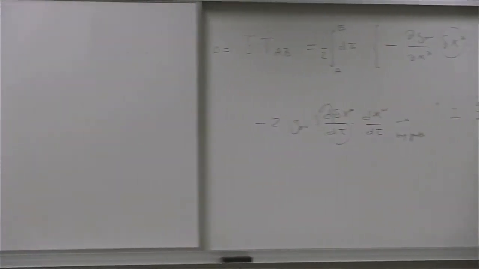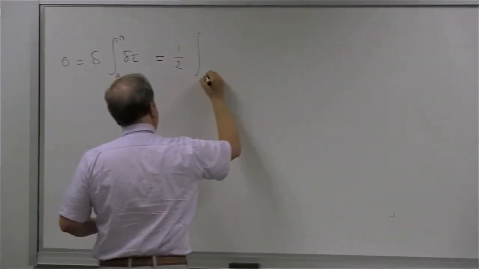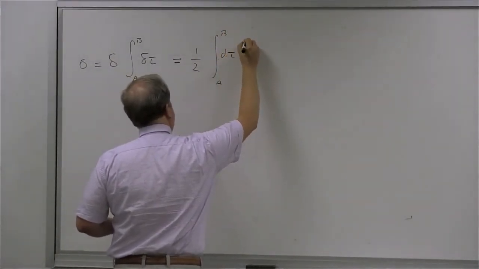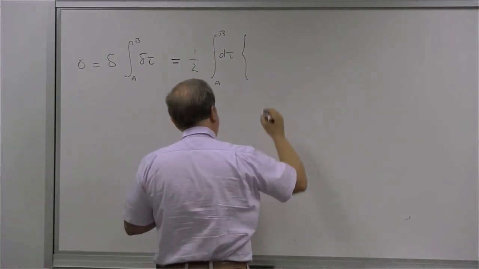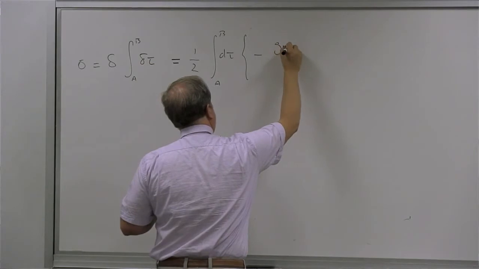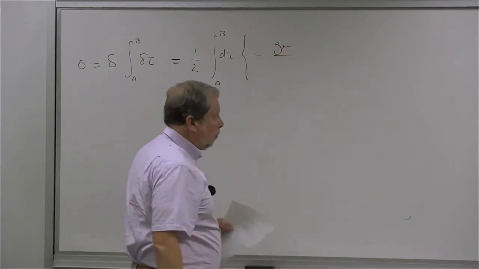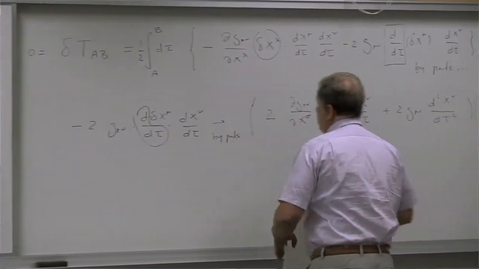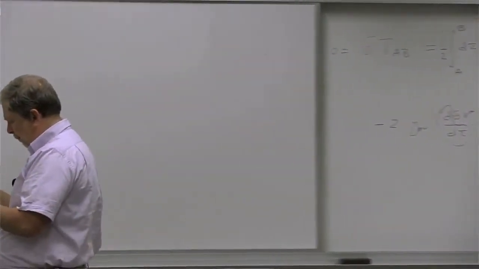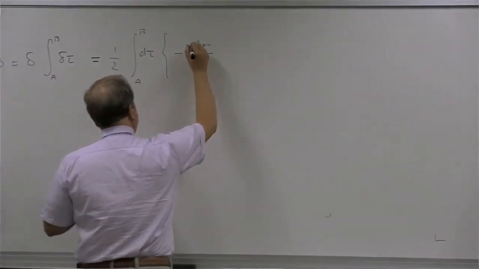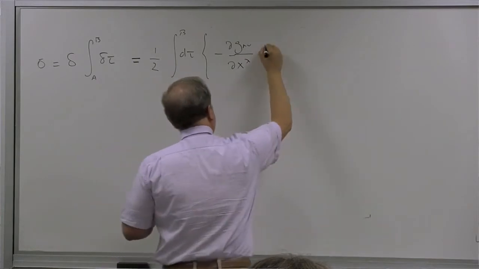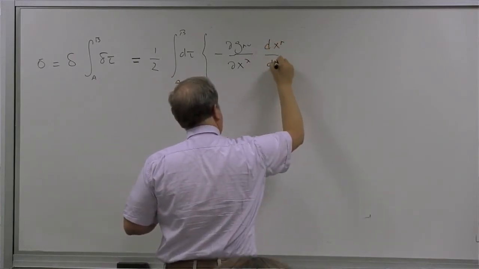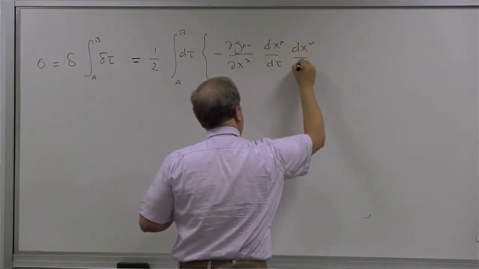So it's 1/2 times the integral from a to b in d tau, and then there is this gigantic curly bracket. So the gigantic curly bracket has the minus g mu nu, which is this term here. The minus g mu nu, dg mu nu by dx lambda term times dx mu by d tau and dx nu by d tau.